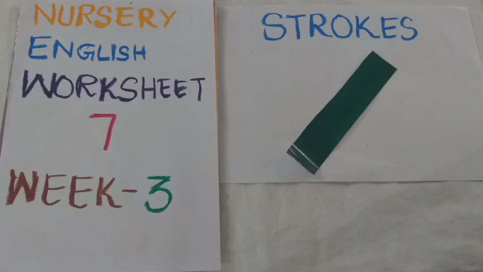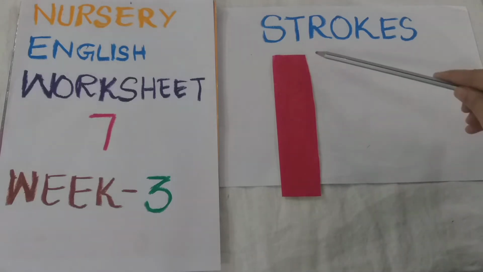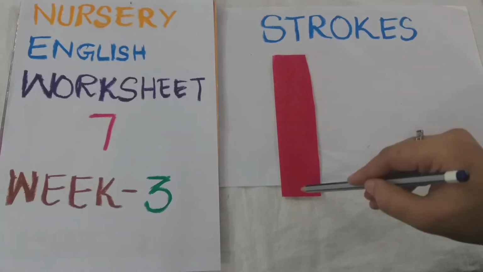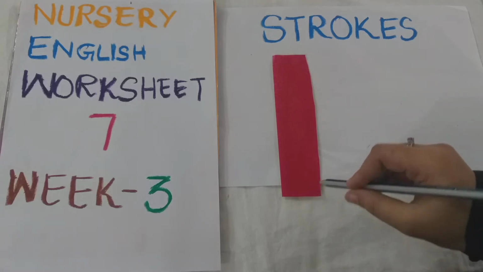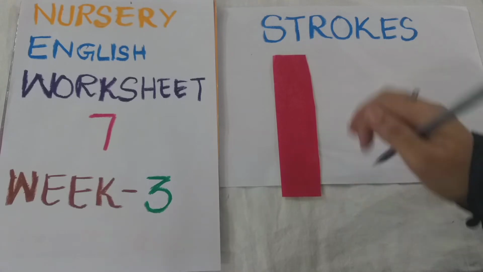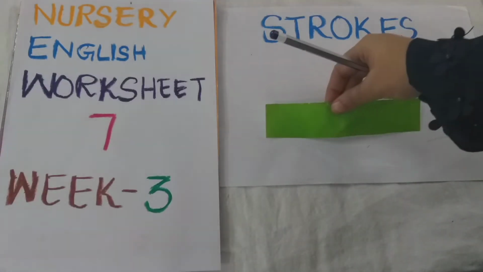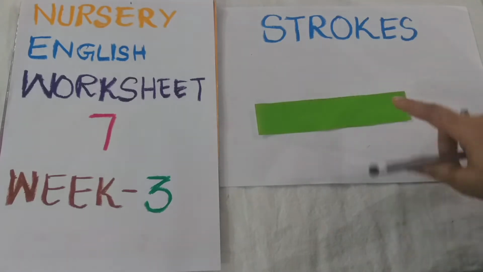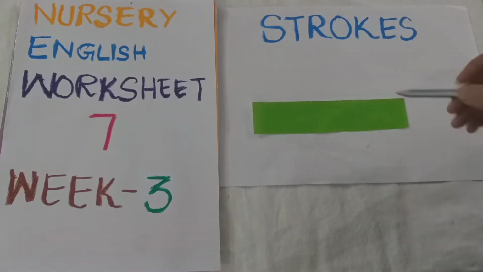Okay, children? Now I'll show you the standing line. See here. This is called standing line. Straight standing line. After standing line, I will show you sleeping line. You can see sleeping line.